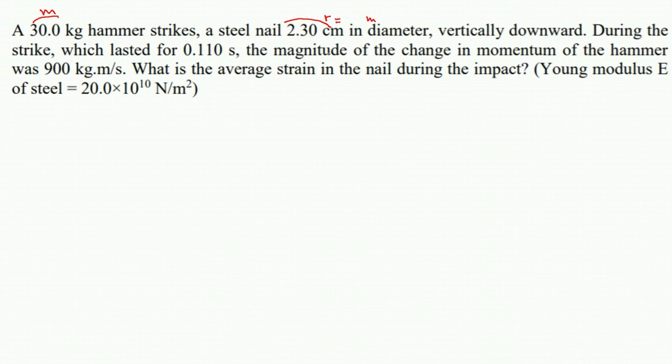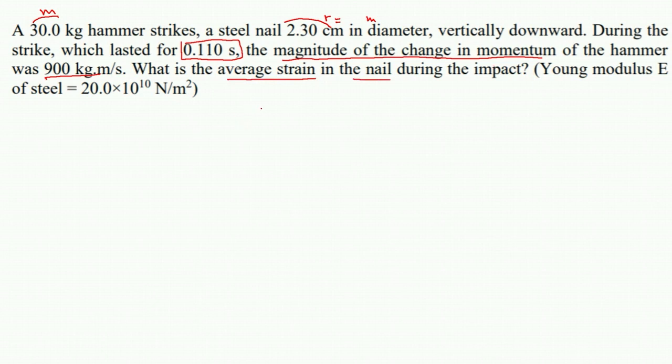The hammer strikes this cylindrical nail vertically downward. During the strike, I gave you the duration of the collision, and I give you the magnitude of the change in momentum, which is an impulse. The question is, what is the average strain in the nail during the impact?